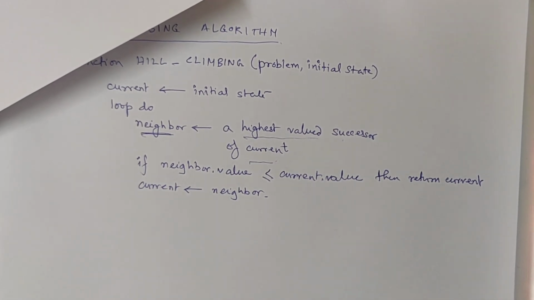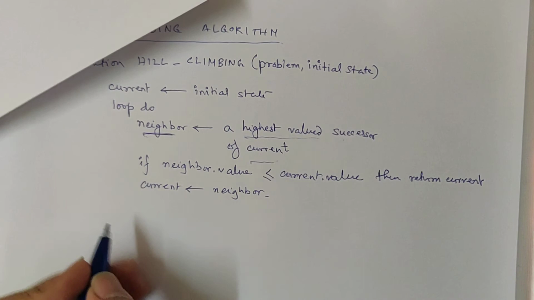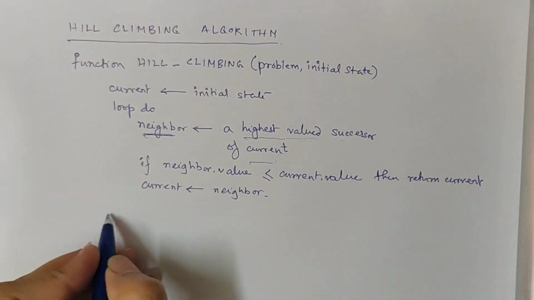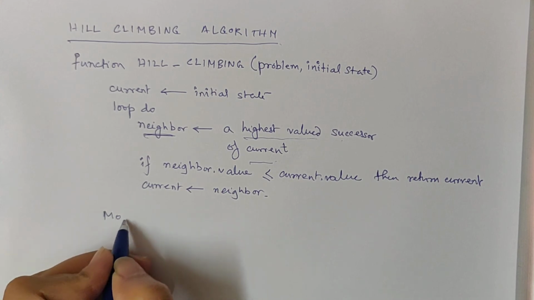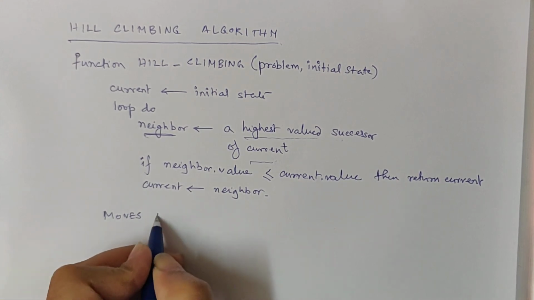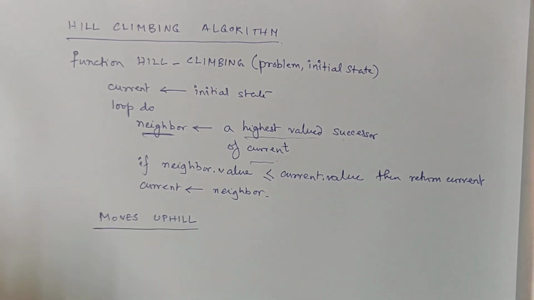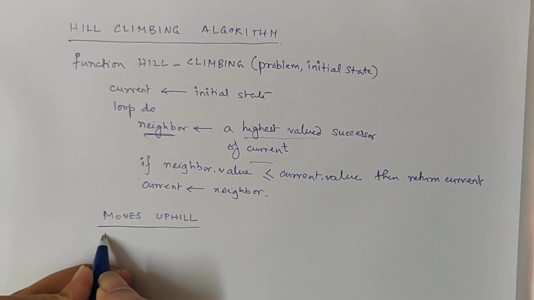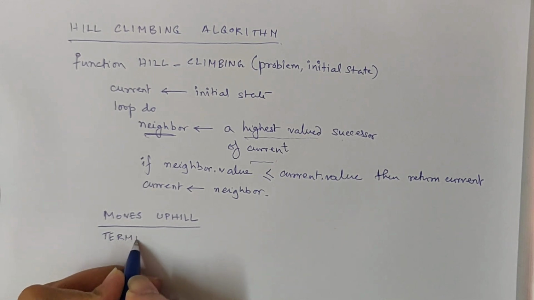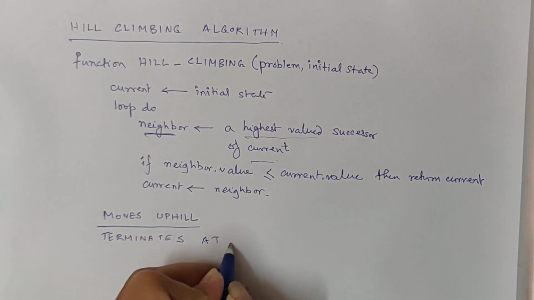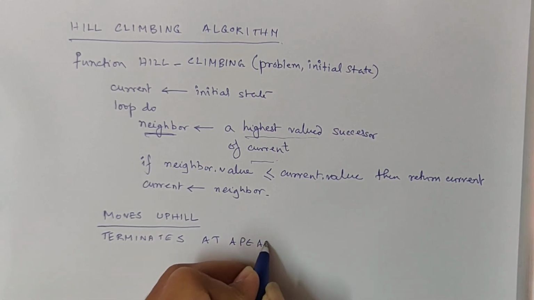As you can understand, the hill climbing algorithm moves uphill, for a maximization problem of course we are talking, and it terminates at a peak.